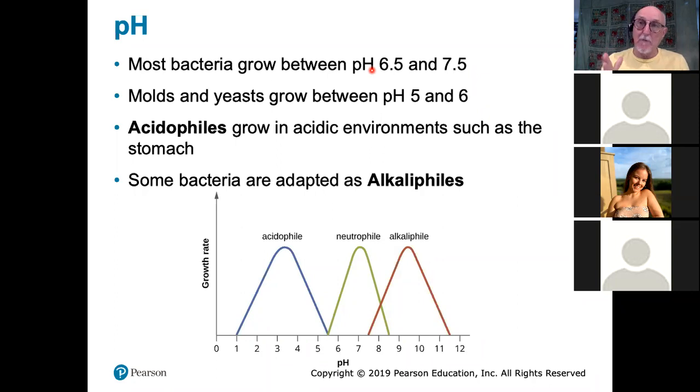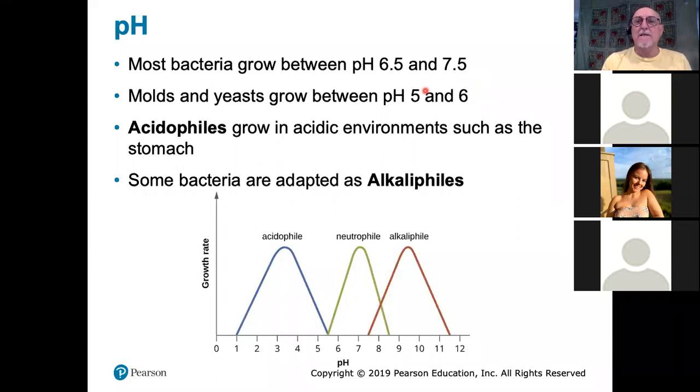Remember, pH is a reflection of the proportion of protons in solution. And if we change the proportion of protons in solution, we begin to interfere with things which depend on these weak charge bonds.